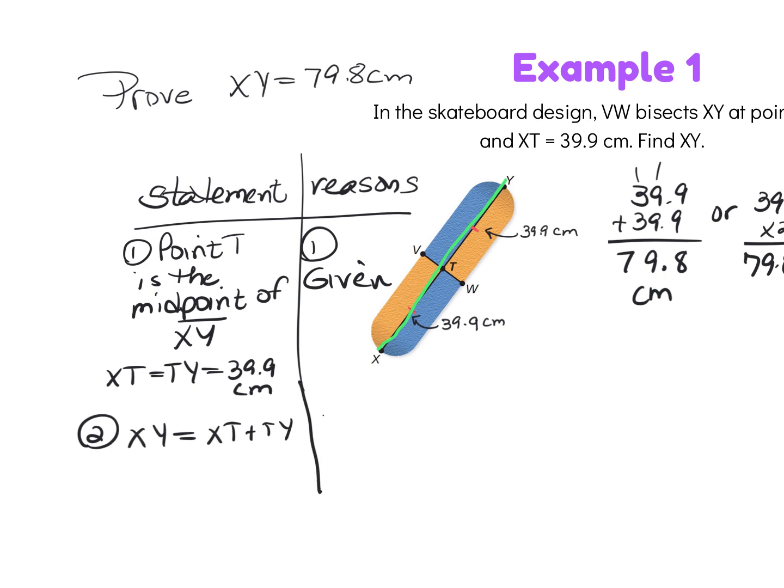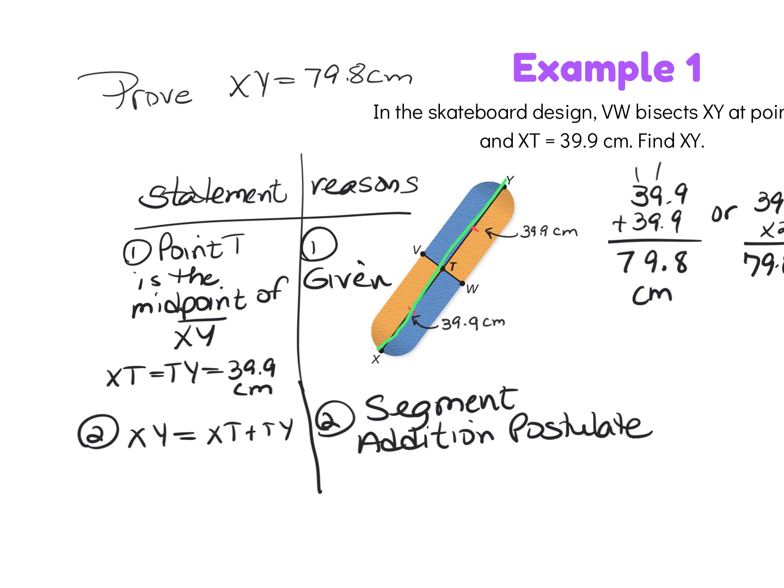And the reason why I can state that is because of my segment addition postulate. And I like to abbreviate that as SAP, so I don't have to rewrite those three words every time I use it as a reason in a proof.